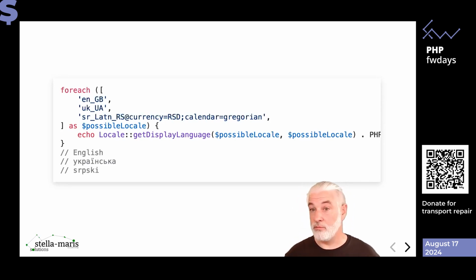You probably should also order them alphabetically, but order them alphabetically on the output of the locale, not on the locale itself, because otherwise some things would be sorted oddly. So that's how to provide a user with a language selector.